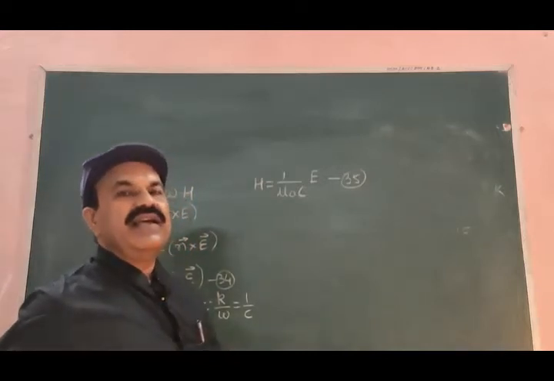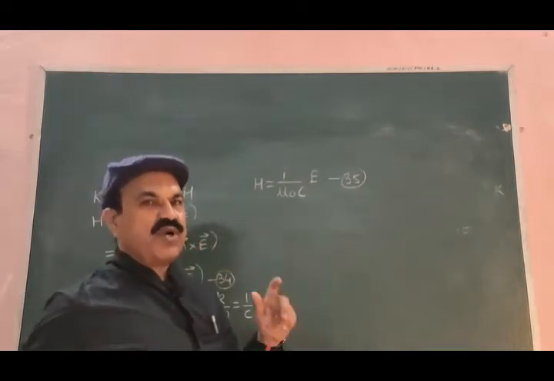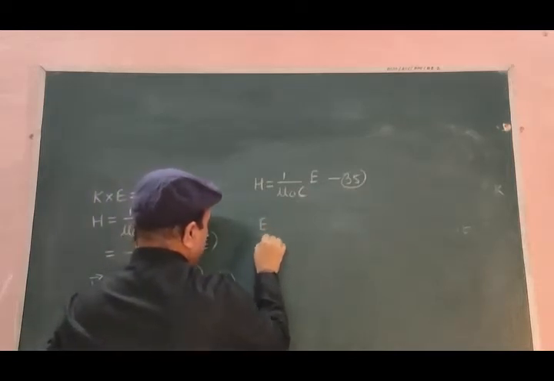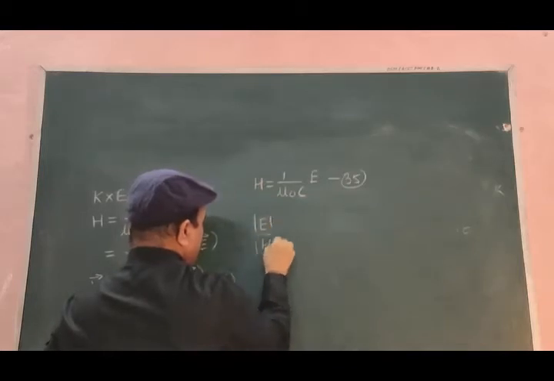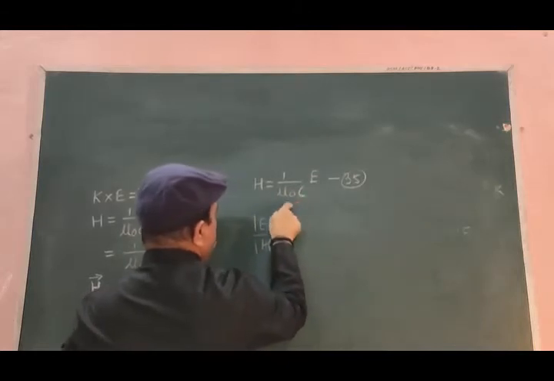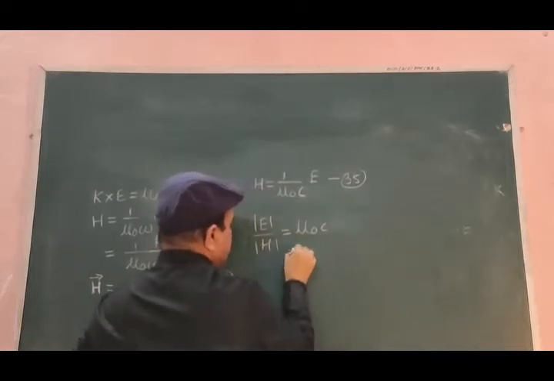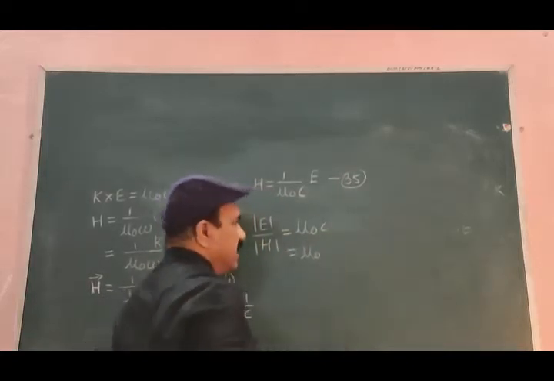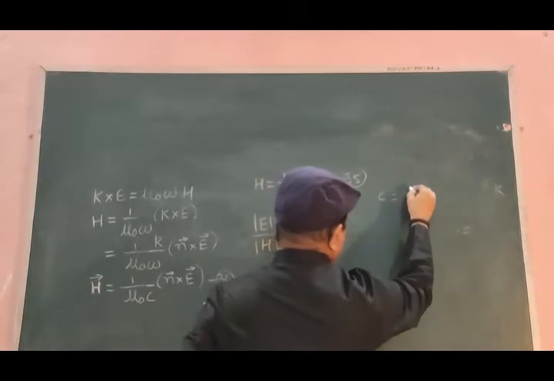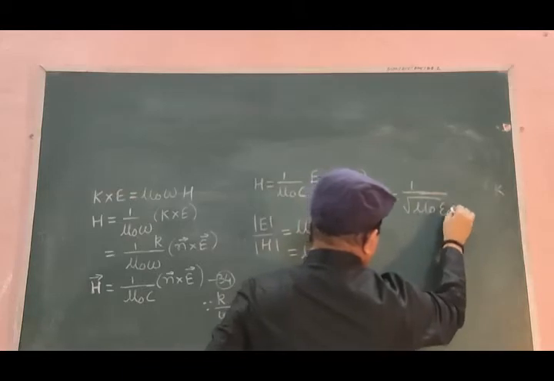Then the ratio of modulus of E and H is equal to mu 0 C. From the same article, we got the equation for C is equal to 1 divided by square root of mu 0 epsilon 0.